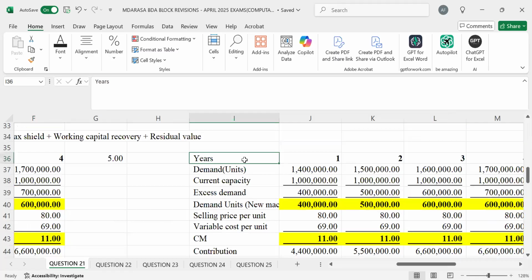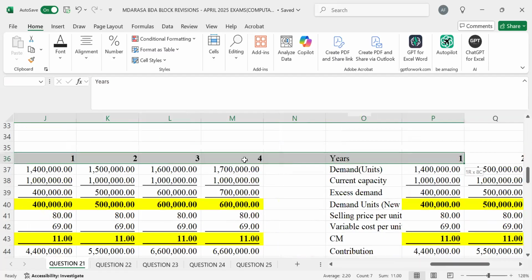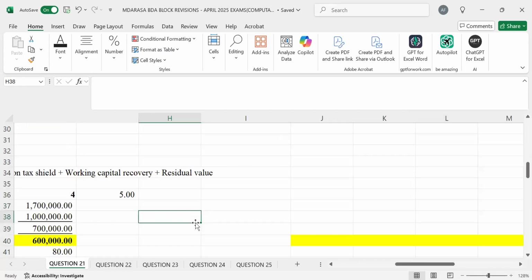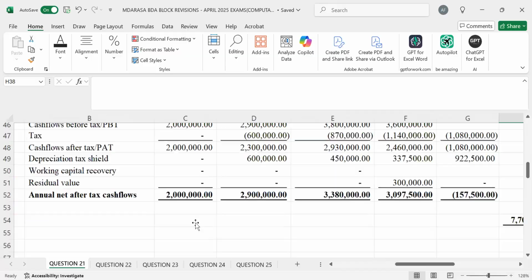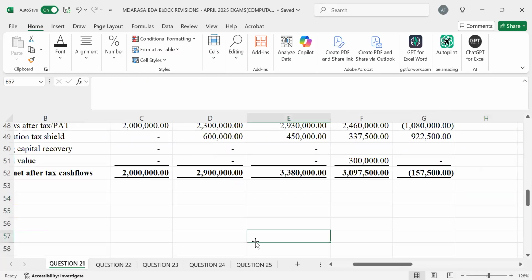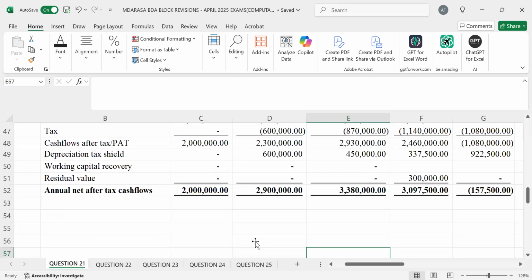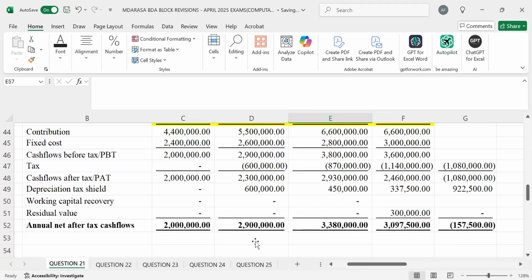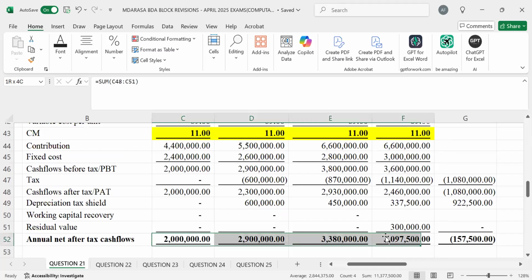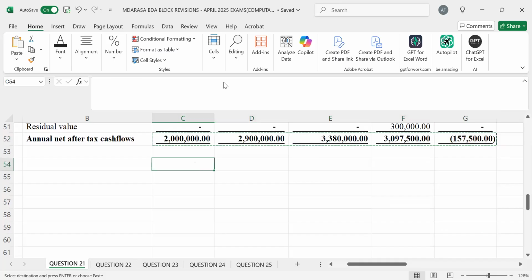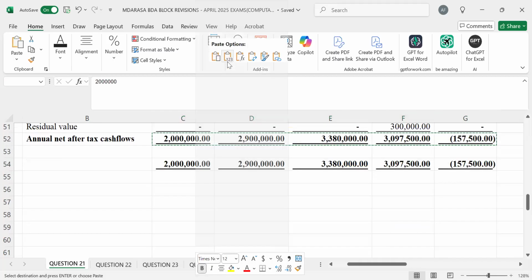So let me have it erased. So that is what you should have. Now, this is what we need to consider: at this point, you have determined our annual net after tax cash flow. This is where we are. So we have our values considering our case.